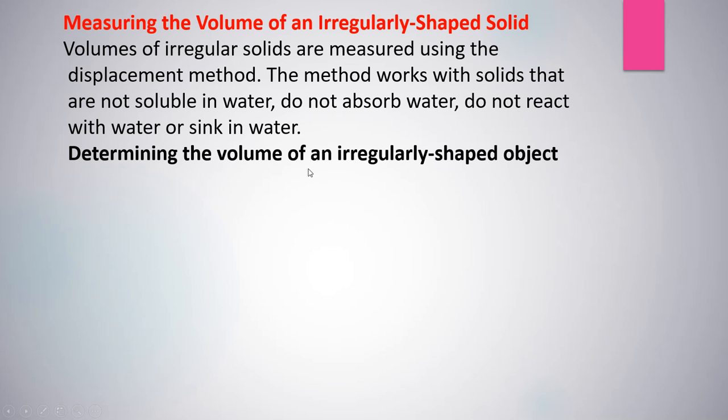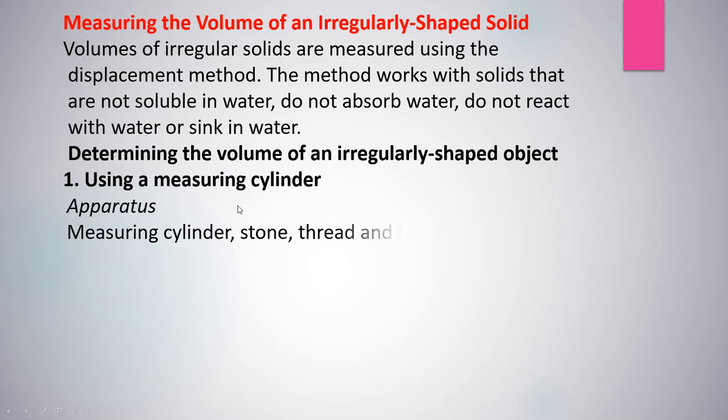So to determine the volume of an irregularly shaped object, we can use the displacement method, and first of all we can use a measuring cylinder alone. When you are using only a measuring cylinder, you need a stone and a thread.